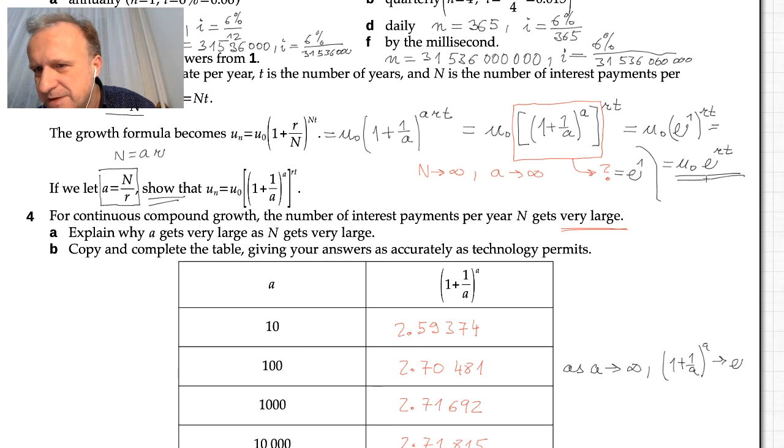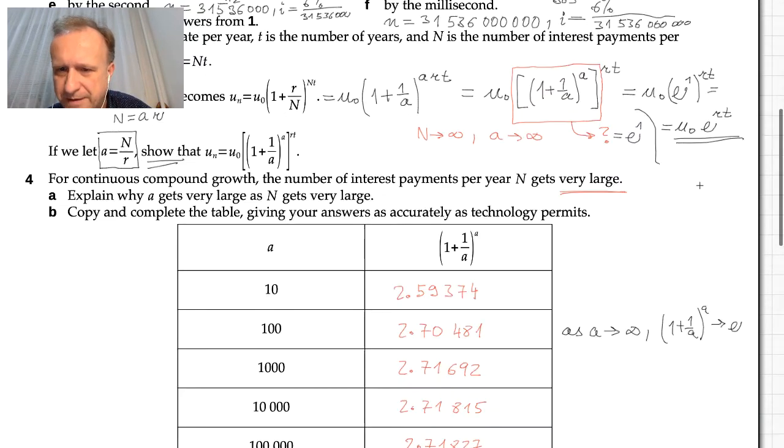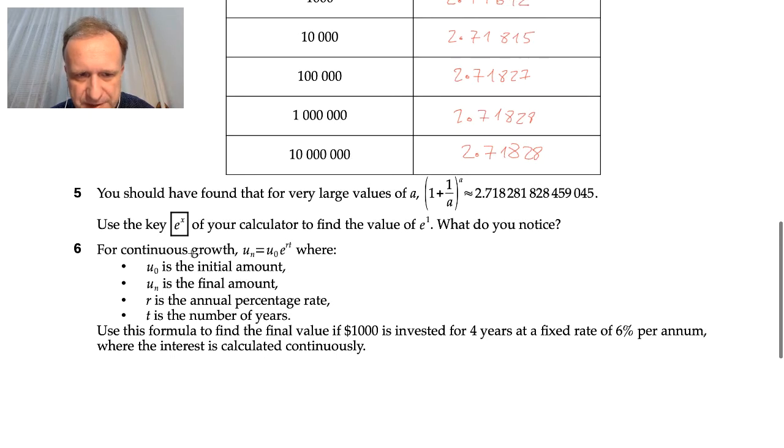And this is exactly the formula used for compound interest. So r is the compound interest per year, and t is the number of years for which you want your investment to increase in the bank. So for continuous growth, u sub n equals u sub 0 times e to the power of rt. This is exactly the formula I showed you a sec ago.